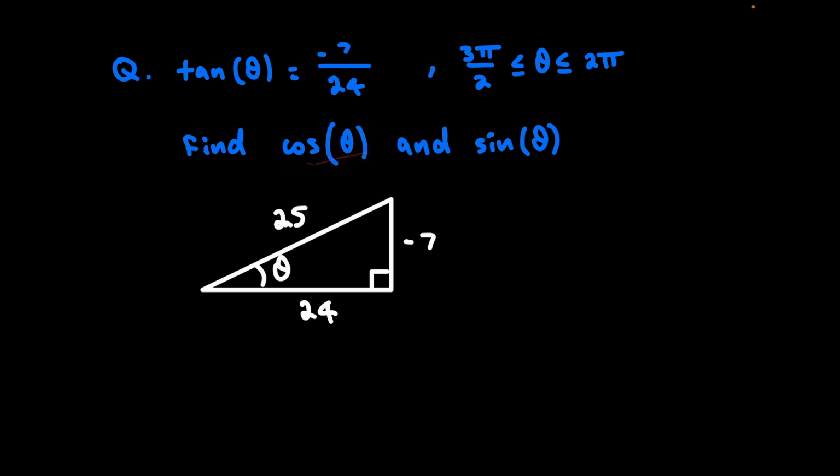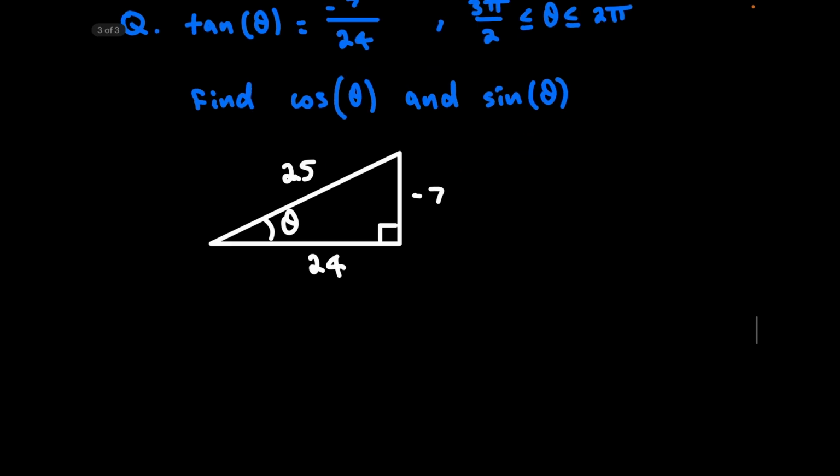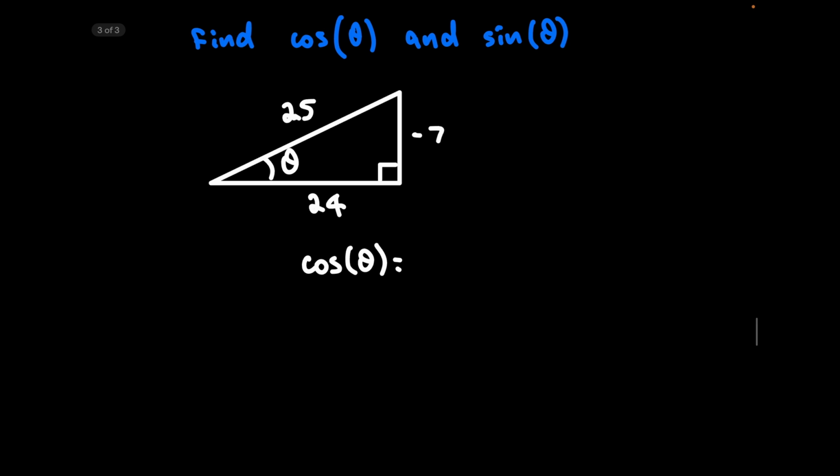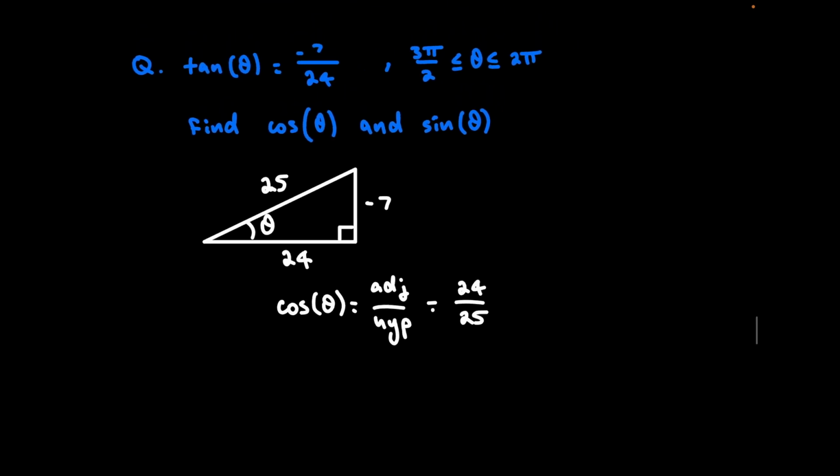Let us work out what the cos of theta and the sine of theta are going to be. Well, the cos of theta is simply going to be the adjacent side divided by the hypotenuse. Okay, we know that cos theta is adjacent over hypotenuse. So that means it's simply going to equal 24 over 25. But we have to be very careful. Okay, which quadrant are we in here?